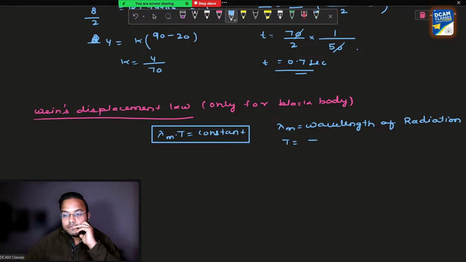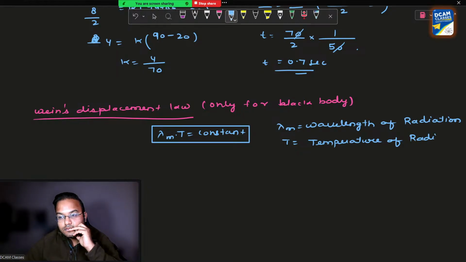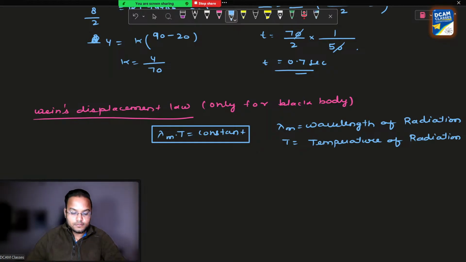T is the temperature of radiation. For a black body, whenever radiation is going on, if lambda m is the wavelength of radiation and T is the temperature of radiation, in that case lambda m into T is constant.